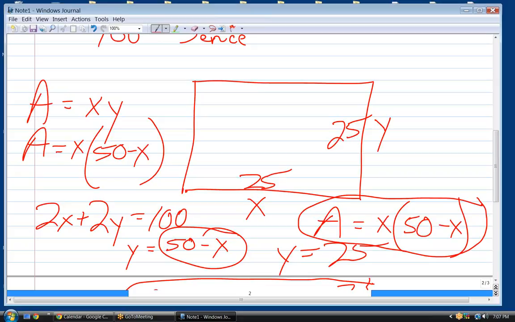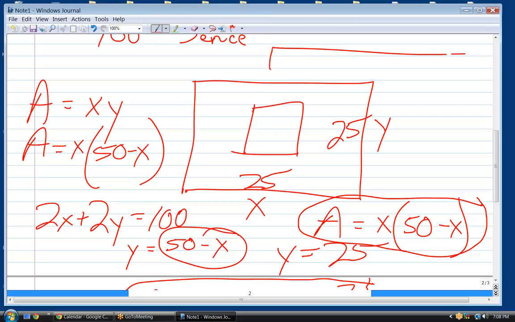A circle would be even better. Just keep that in mind, that when you're doing math, the maximum occurs when the shape of the object is as condensed as it can be, and a square is more condensed than a rectangle.